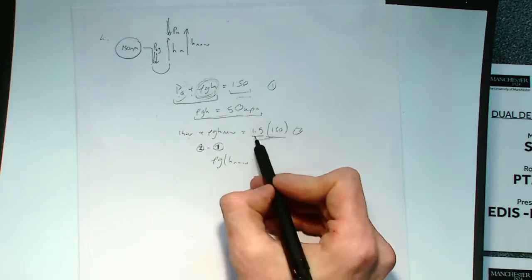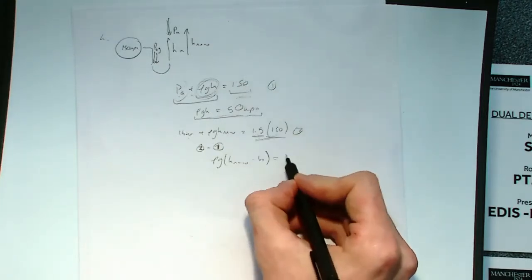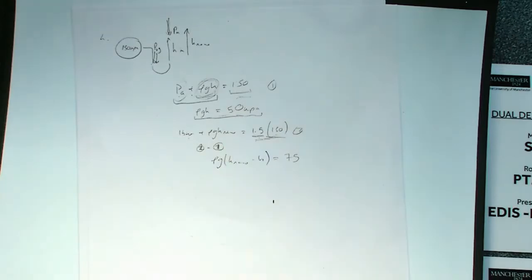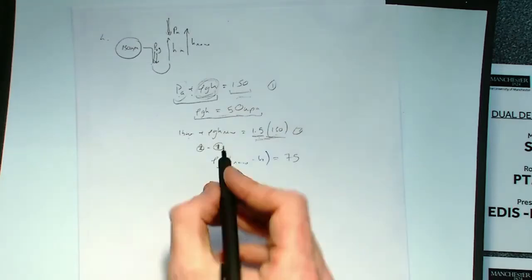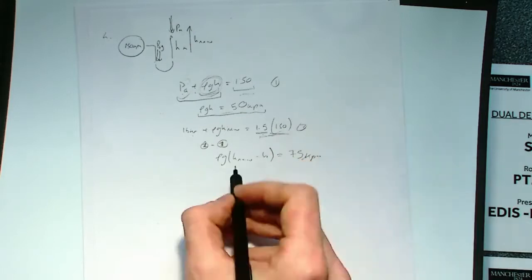And this equals 1.5 times 150 minus 150, which gives us 75 kPa. But I'm not writing kPa's, I'll write it here so we're clear. kPa, that's K. Okay.